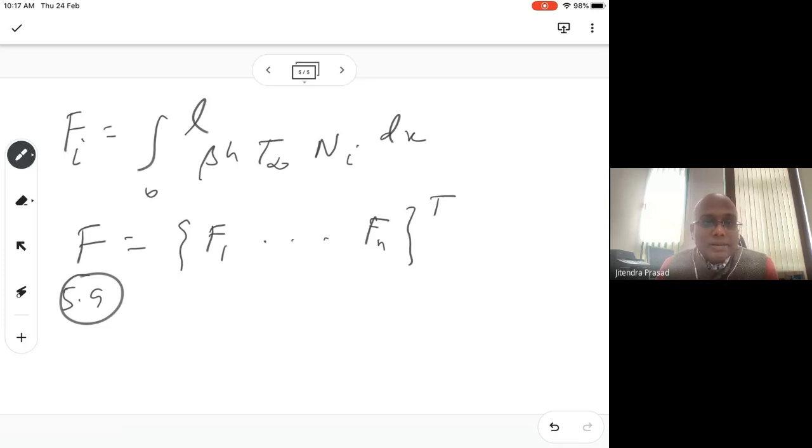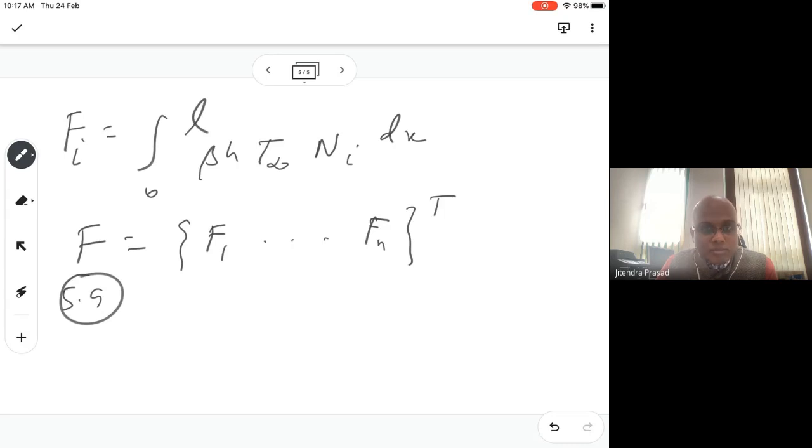And 5.9 is more about the MATLAB code. Okay, so for a heat conduction MATLAB code, I will send you a couple of program files. Anyway, this is about the MATLAB code.